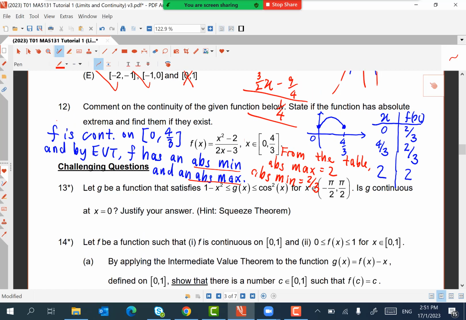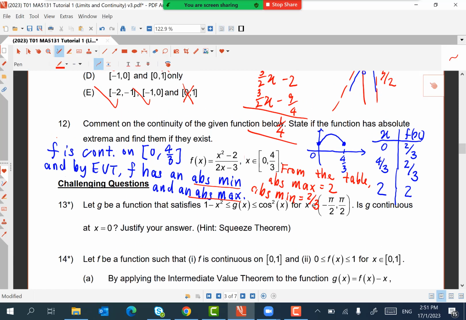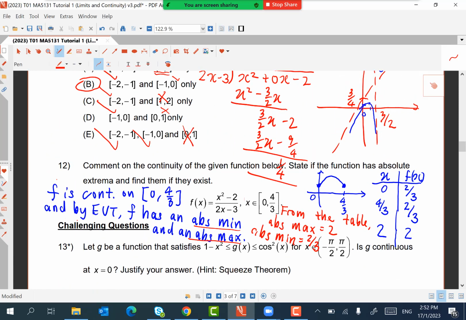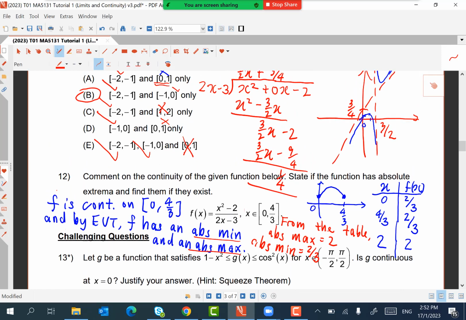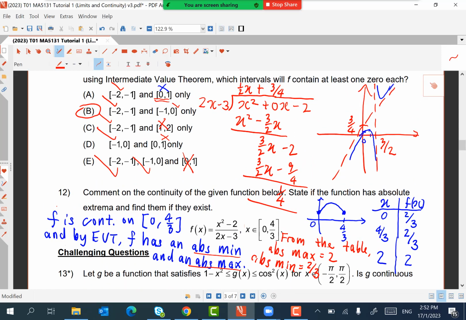That is number 12. Earlier on, I was trying to do it all by hand, but I think it takes up too much time. So over here, I showed you how I managed to sketch this curve by hand.